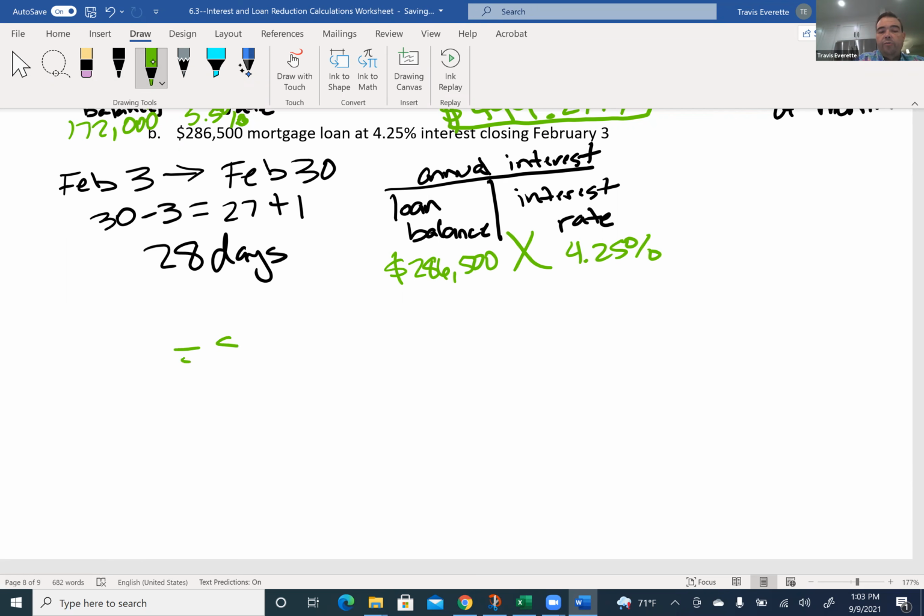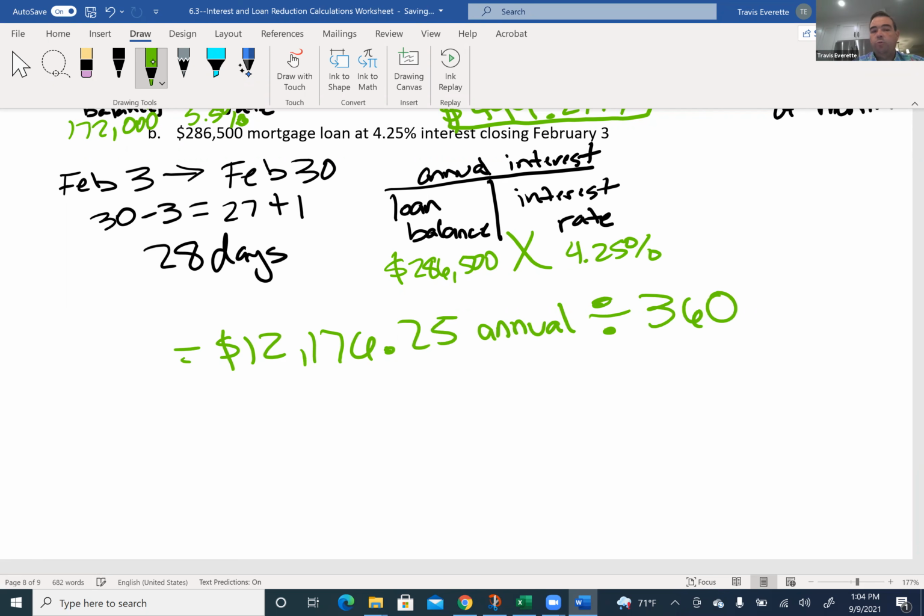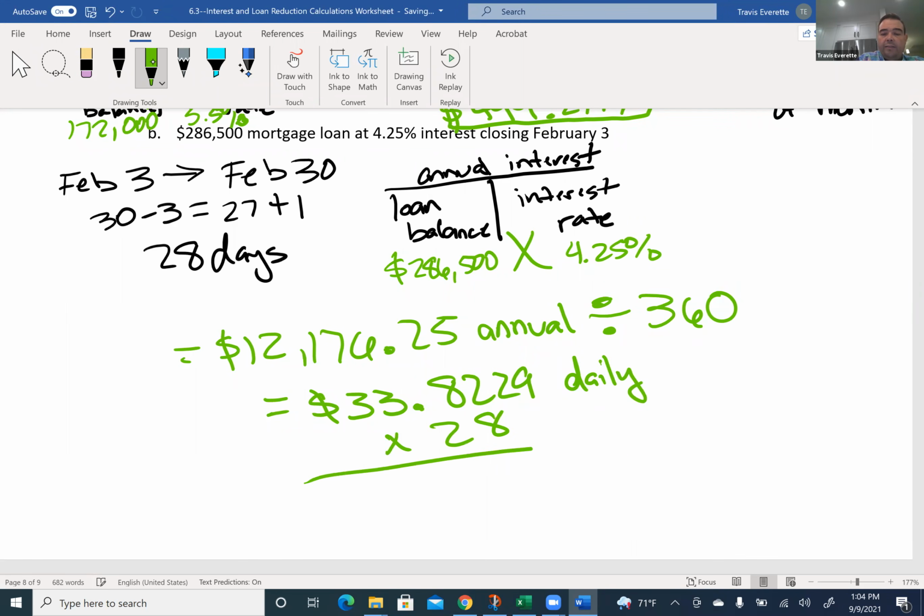That gives us $12,176.25 annually, which we're going to divide by 360 to break down to daily because we need 28 days worth. If we had needed months, we would divide by 12. That comes out to $33 and about 82 cents a day, 8229 daily. Well, to finish up our math, we're just going to multiply that times 28 days.